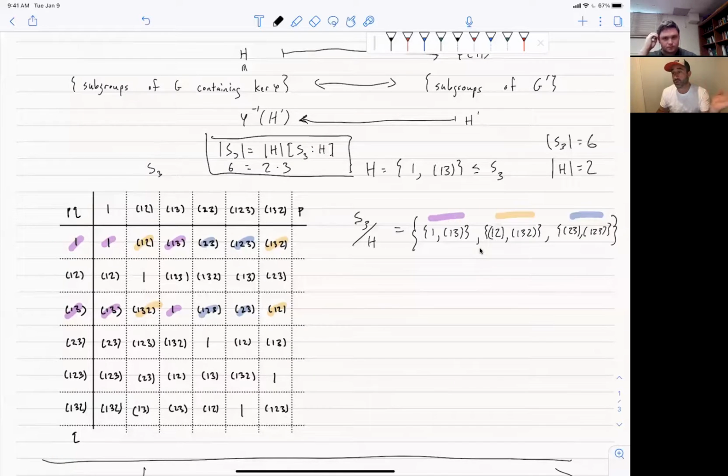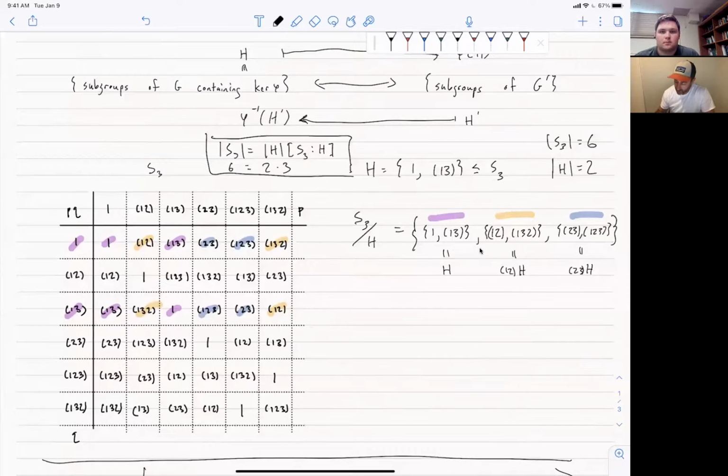And so we see this is a partition of S3. If I want to write them in the notation we've been using in class, well, this of course is H. I can say this is (1 2) times H, and this is (2 3) times H. But as I keep saying when we're proving some of these theorems, there's some ambiguity.